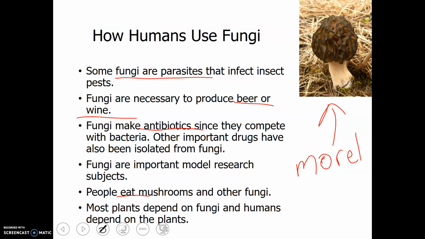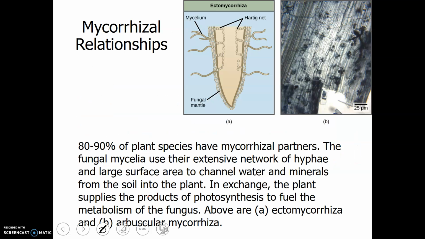And most plants depend on fungi, and humans depend on the plants. So that's another way. And this is showing you the mycorrhizae that's formed by the Glomeromycota and the roots of plants, and how the Glomeromycota increase the surface area of the plant roots.